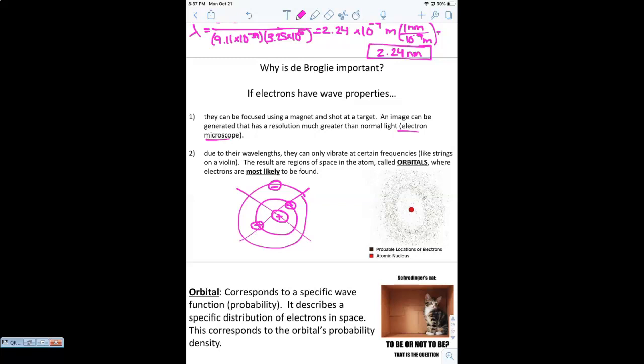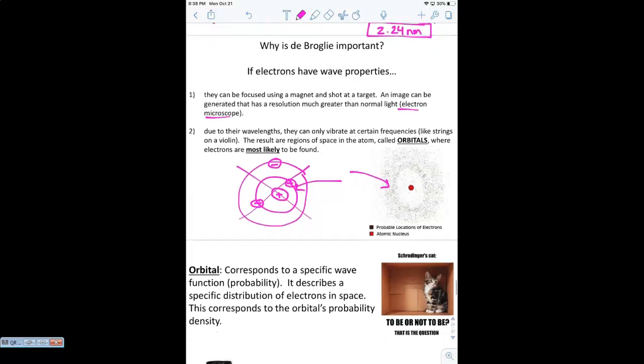An orbital is just a region of probability where the electron is most likely to be found. So these two electrons that we drew in this model can be found anywhere in this area at any given second. They don't take the same exact path around the nucleus every time. It's more like a cloud or a region of probability.